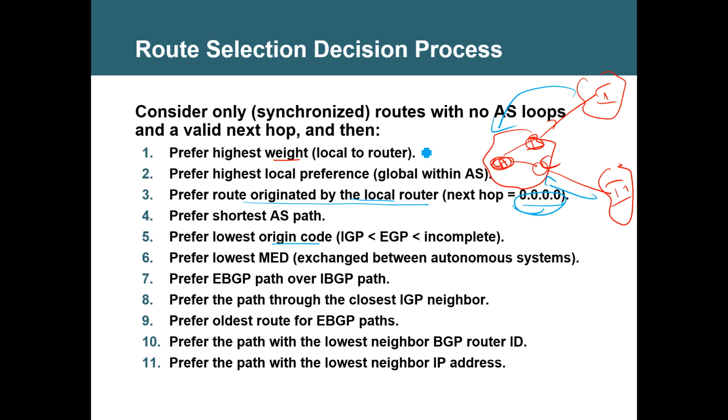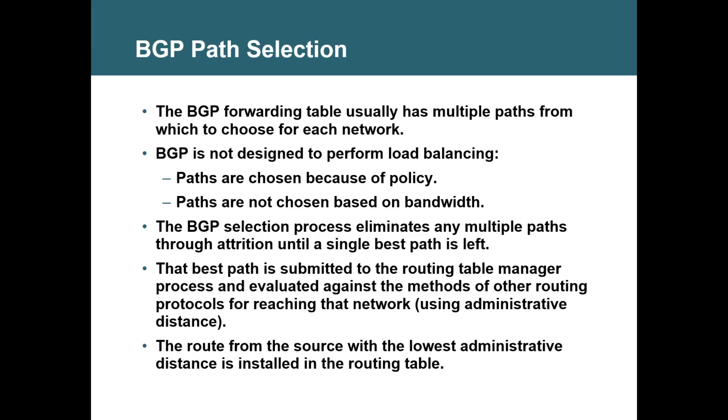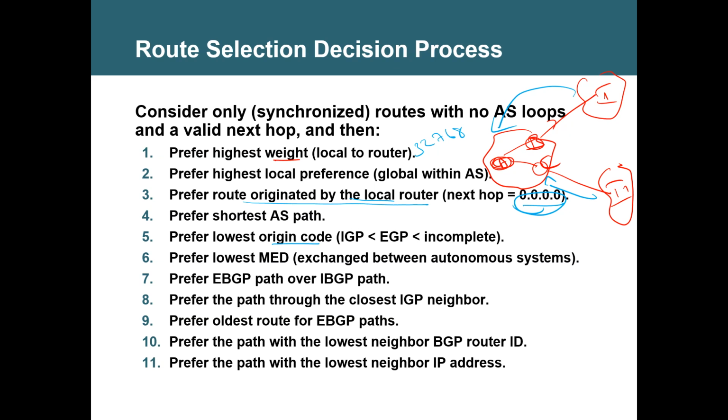In that case, weight will automatically increase to 32768. I'll show you that. If it is locally originated, if the next hop is 0.0.0.0, this weight will automatically come to 32768, so that the very first attribute will be the tiebreaker.